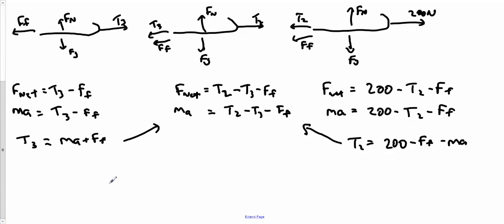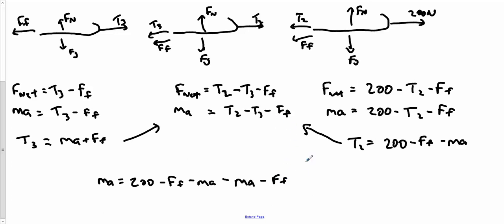So I have MA equals T2. Now instead of writing T2, I'm going to write all this: 200 minus the force of friction minus MA. Now minus T3, so it means minus MA minus the force of friction.